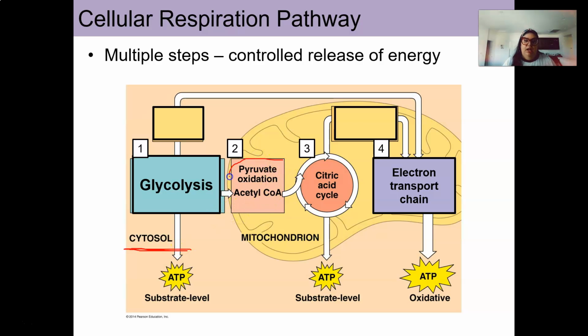There's pyruvate oxidation, which happens in the mitochondria. There's the citric acid cycle. Say that 5 times fast. Which also happens in the mitochondria here in the matrix. And then the electron transport chain, which happens in the inner membrane space of the mitochondria.